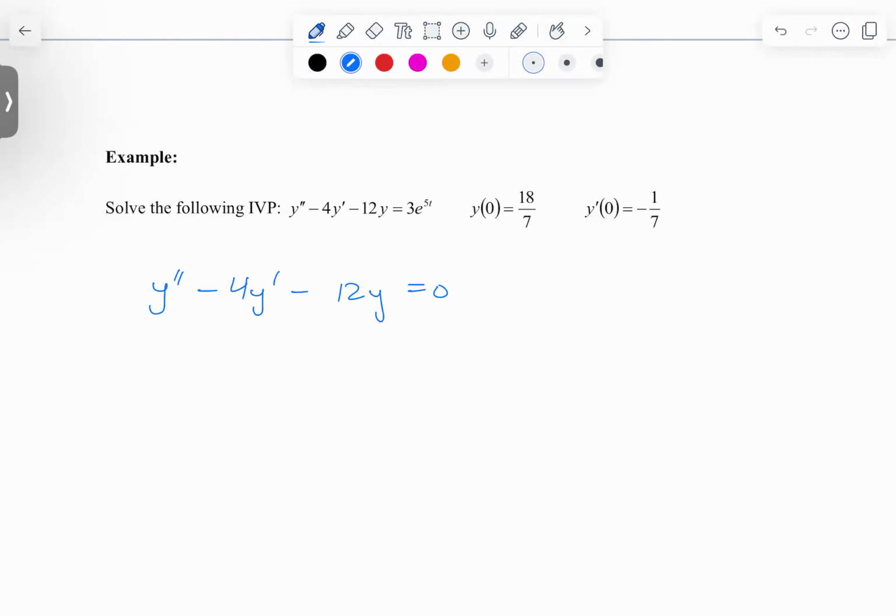So we're going to solve the associated homogeneous differential equation, and in order to do that, we create the characteristic equation.